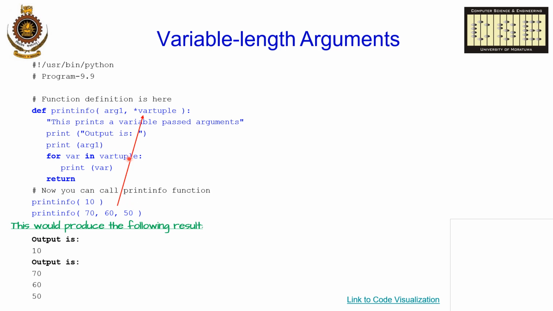So 60 and 50 are there, and first 60 is printed, and then 50 is printed. That's what we have, 70, 60, 50. So that's how you can use a variable length argument in your Python program when you call a function.